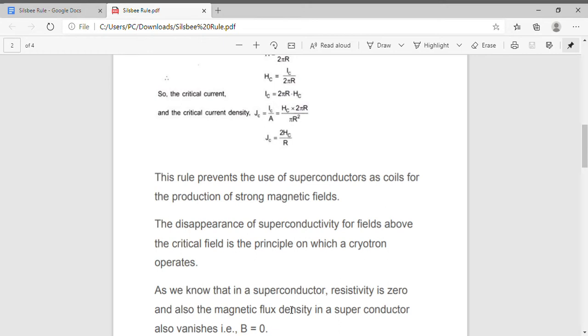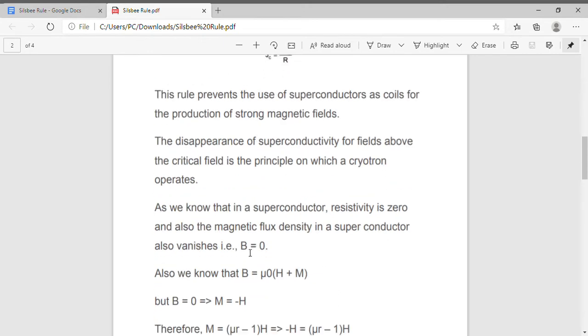Now, according to the Meissner effect, we have the magnetic field inside the superconductor to be 0. What is the Meissner effect? The Meissner effect states that when a superconductor is placed inside a magnetic field, then the magnetic field lines will be outside the superconductor. In the interior of the superconductor, B will be 0.